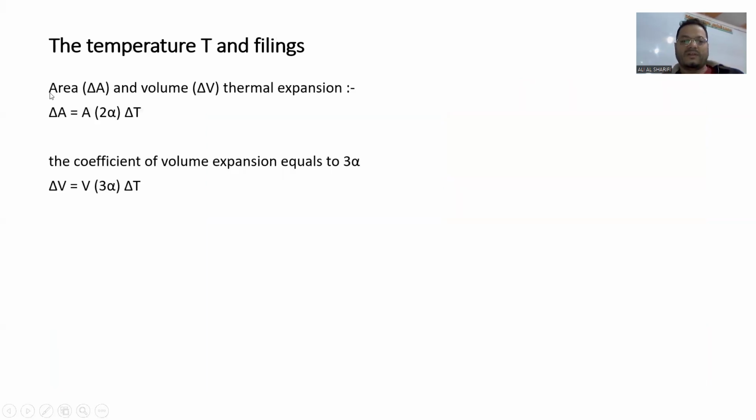Here, delta A, the change in area, will occur when the temperature increases or decreases, and we will have delta V. Delta A equals the area multiplied by the coefficient, the temperature coefficient, multiplied by delta T, and the coefficient of volume expansion: delta V equals V times 3 times the coefficient multiplied by delta T.